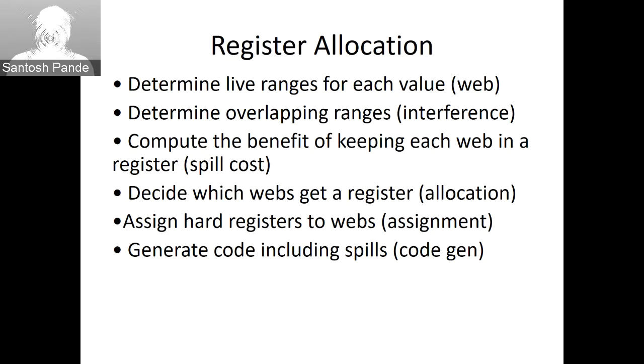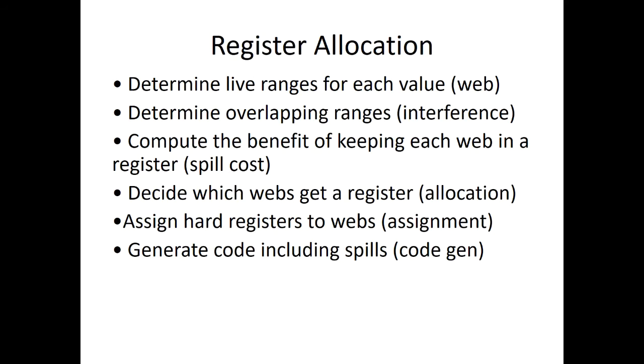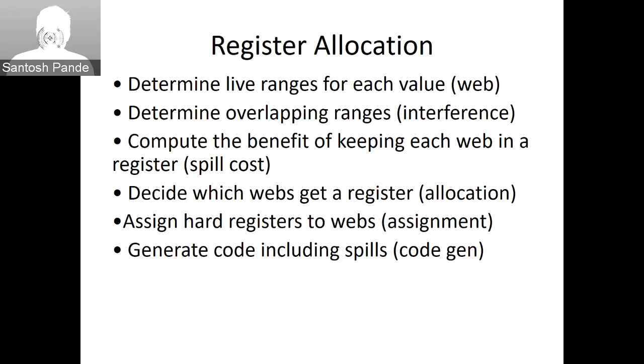The other web should cross through that, and if that happens, then they are interfering, and then we'll put an edge between them, and once we build the interference graph, the next question is how to determine the register allocation.